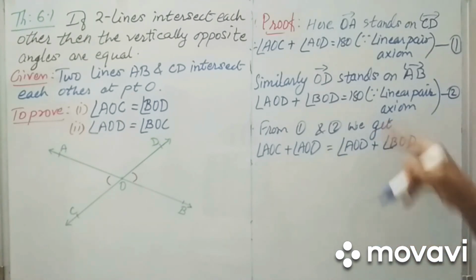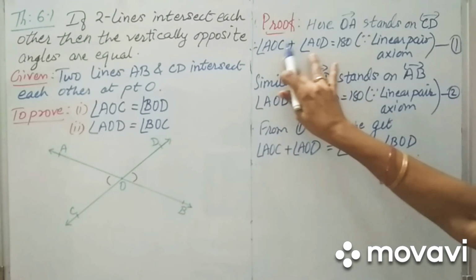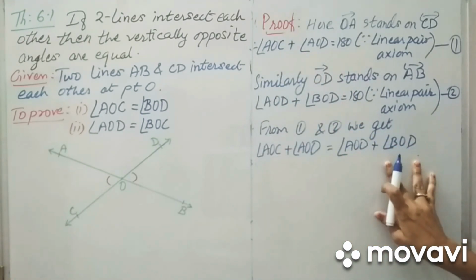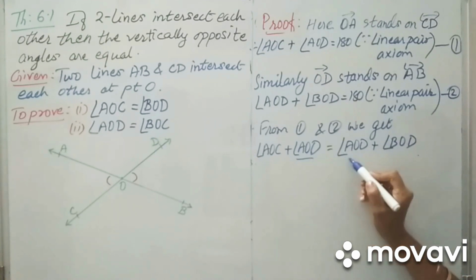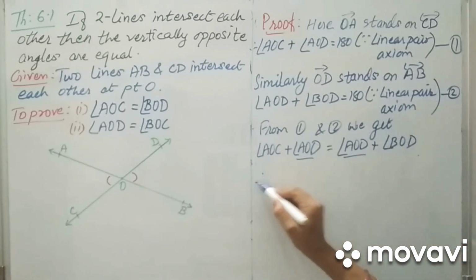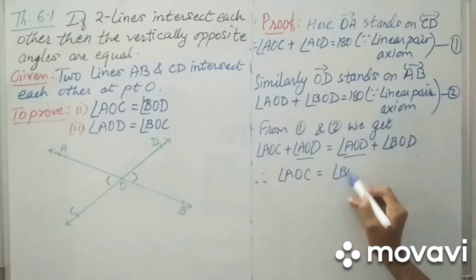Can we write it because both are equal measurements, 180 degrees each? So logically these two additions will be equal. Now, as you can see, angle AOD is on both sides with the same sign, so it can be cancelled. Therefore, angle AOC is equal to angle BOD is proved.